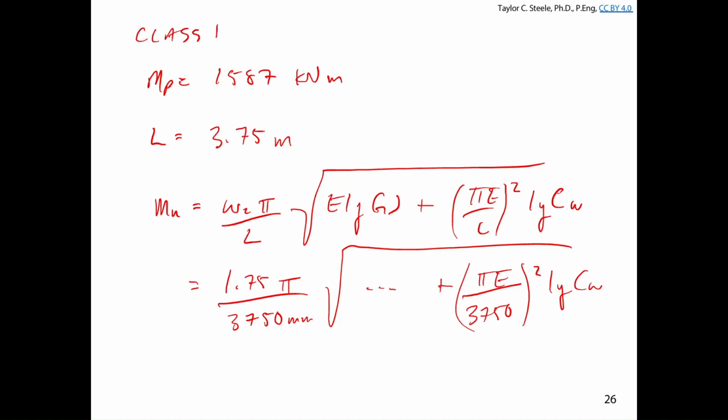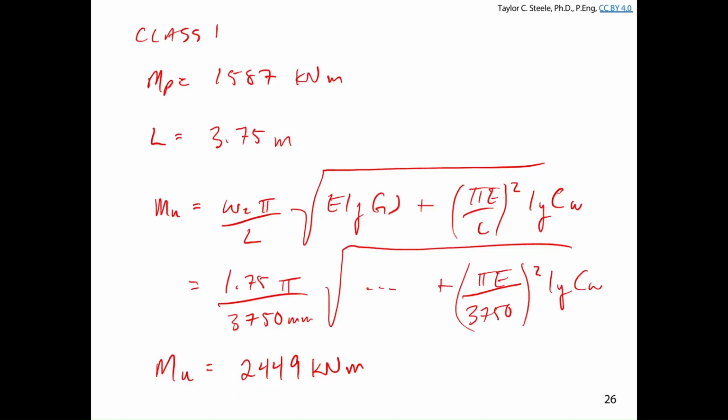To make sure we get out of here in a reasonable amount of time, all I'm going to do here is write out what the resulting critical elastic moment is. In this case, we get 2,449 kilonewton meters. Okay. Does anyone remember what it was for the example the other day? Was it smaller or bigger than this? You don't even have to know what the answer was.